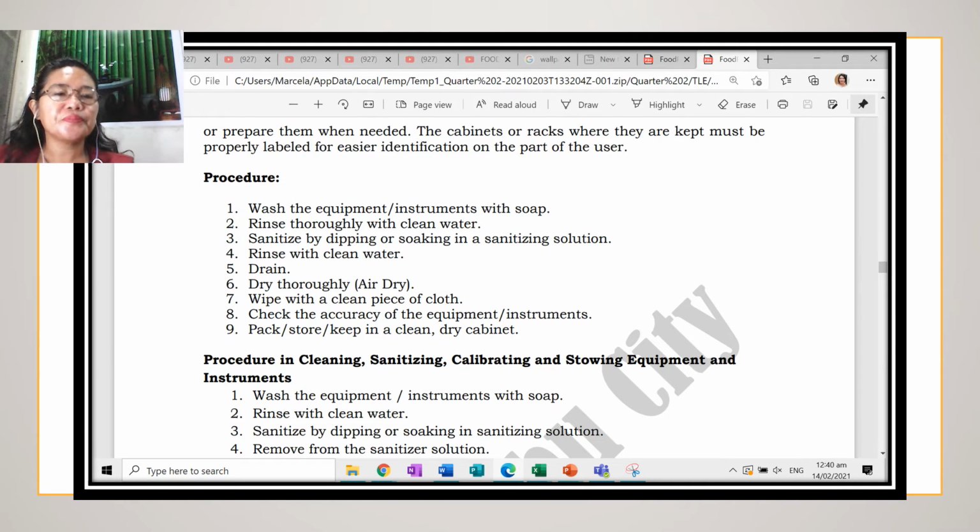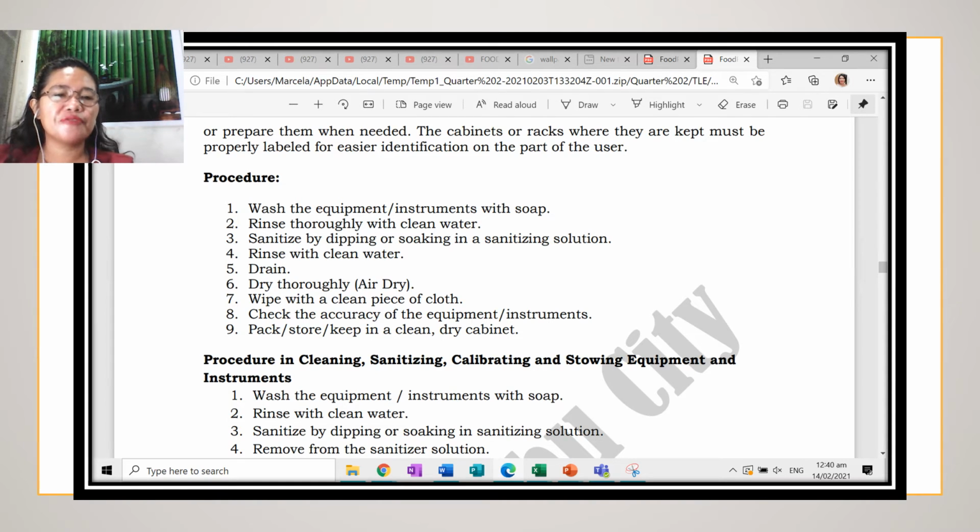Okay. Here are the procedures in cleaning, sanitizing, calibrating, or stowing equipment and instruments. Number 1, wash the equipment and instruments with soap. Then rinse with clean water. Number 3, sanitize by dipping or soaking in sanitizing solution.